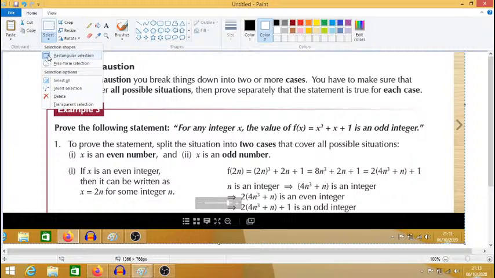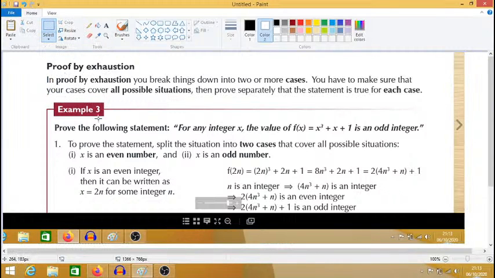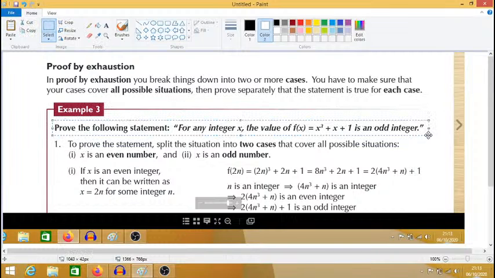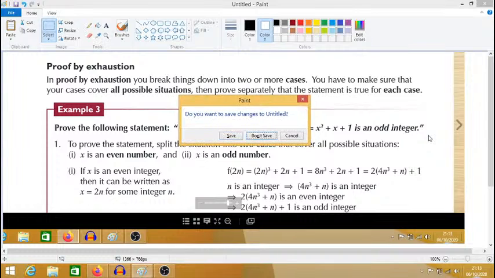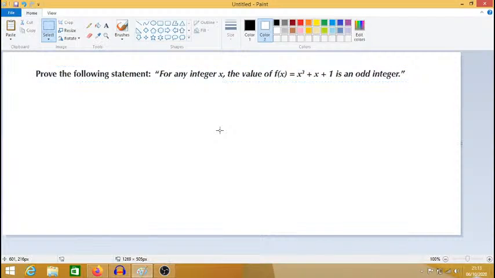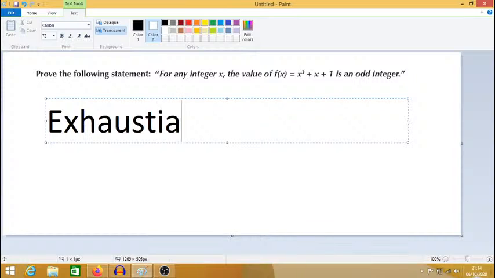Okay, the topic's proof by exhaustion, and it means breaking it down into things that cover the whole range of possibilities. Like when I said people, I broke that down into adults and children, because adults and children covered everything. So that's what exhaustion means.